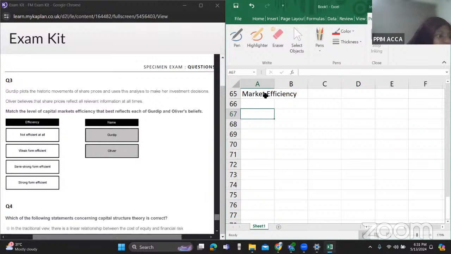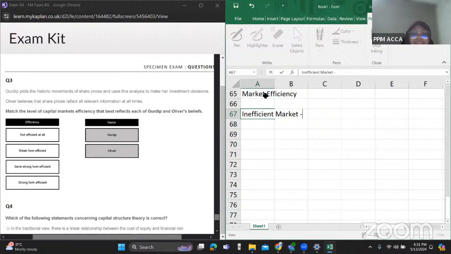Okay, there is one type of market called an inefficient market. Now if a market is inefficient, what it means is the share price that you have is not an accurate reflection of whatever information you have available. There might be certain statements, like an income statement or a balance sheet that a particular company released, but that kind of information is not reflected in the share price because the market is inefficient.